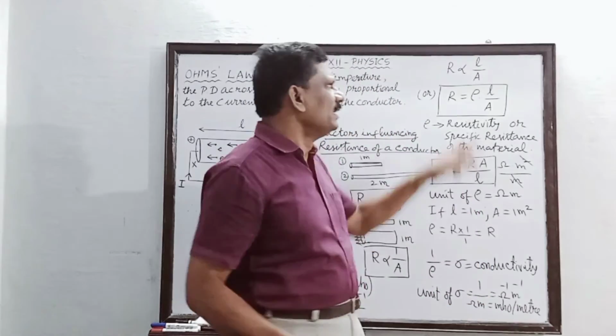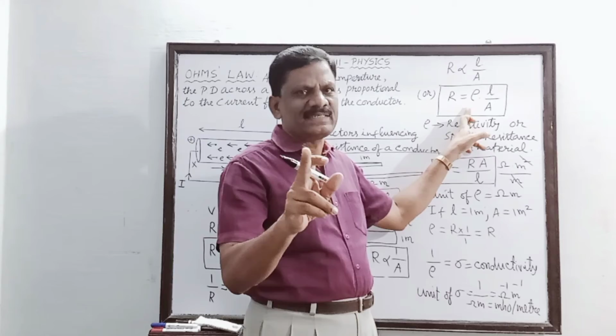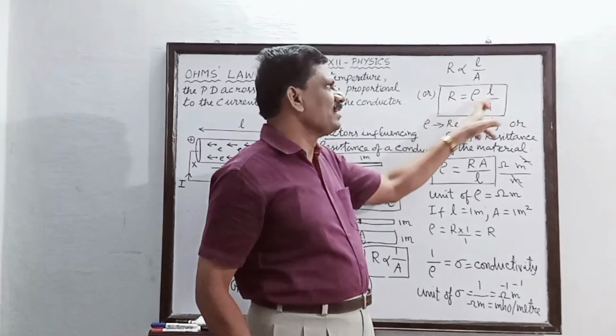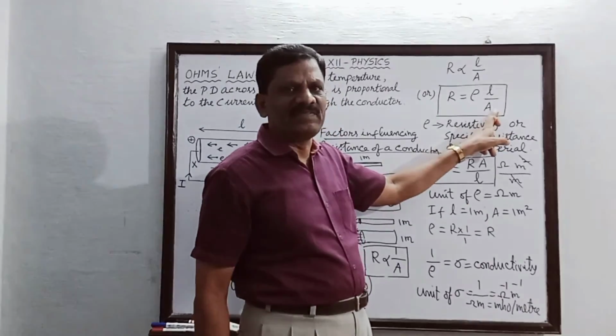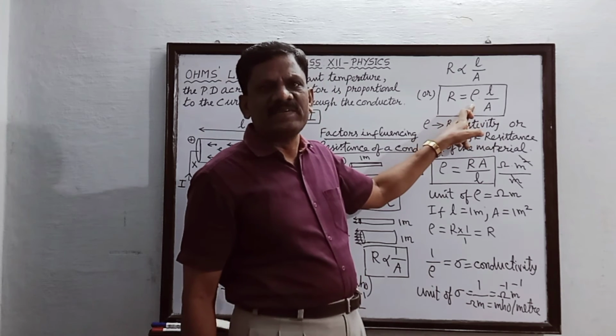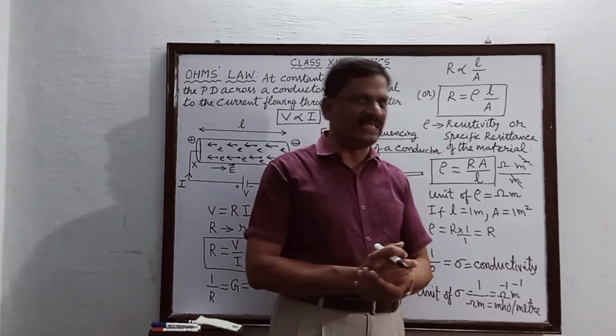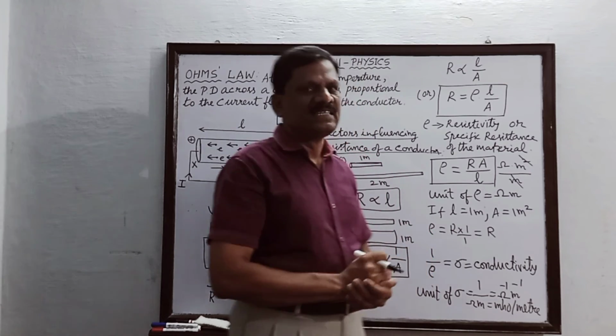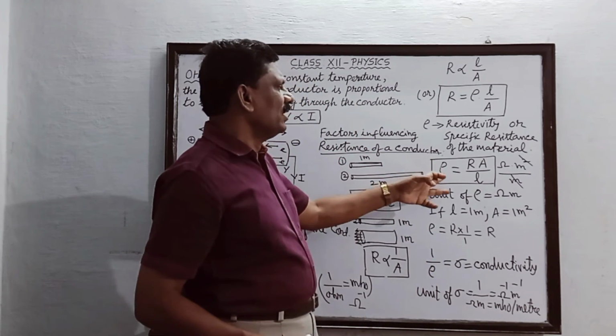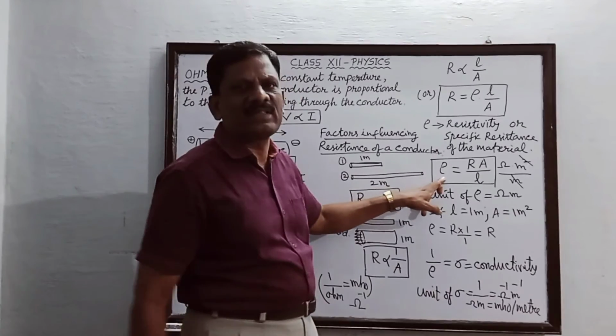Okay students, in this equation there are three factors. Resistance depends upon the length of the conductor, area of cross section, and the specific resistance of the material. In addition to that, it also depends on the temperature, which we are going to study later. So from this, what is the expression for the specific resistance?